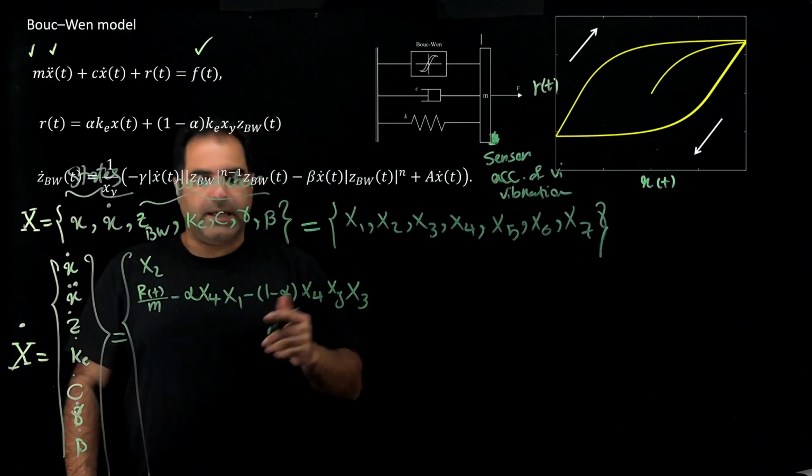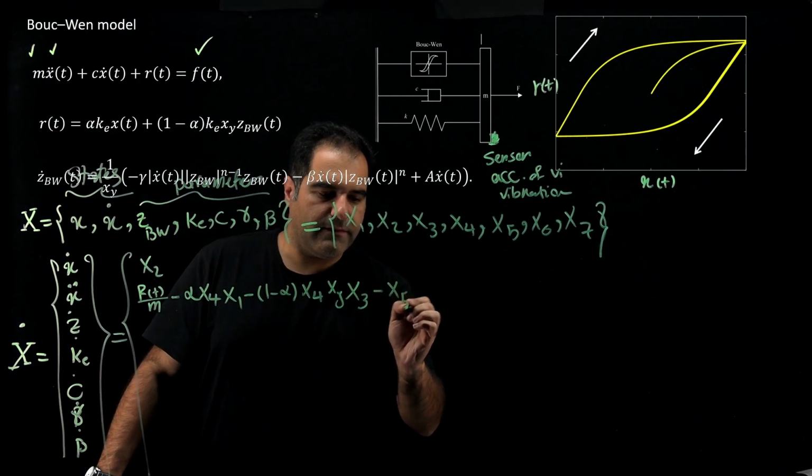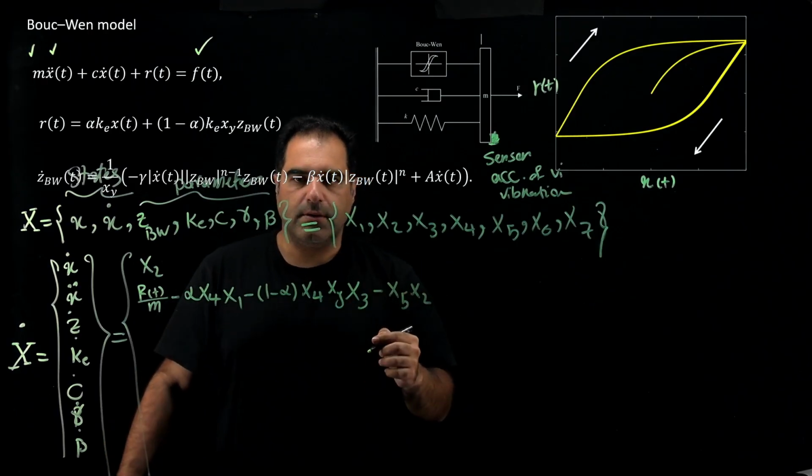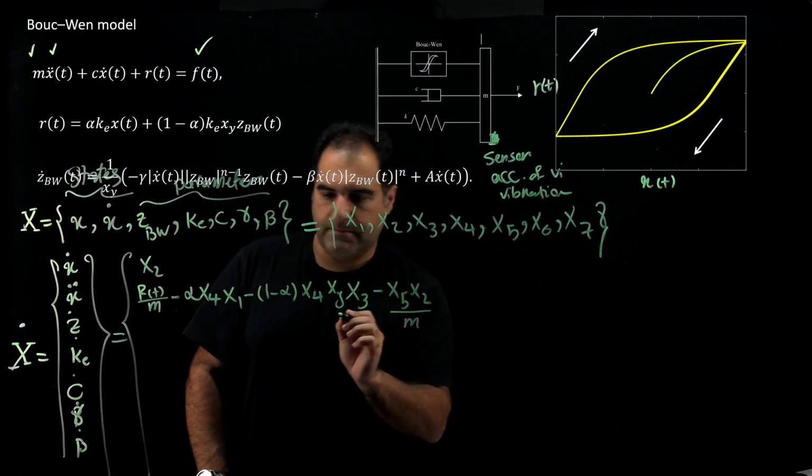Yes? Then minus x5, x2, all of these divided by m.